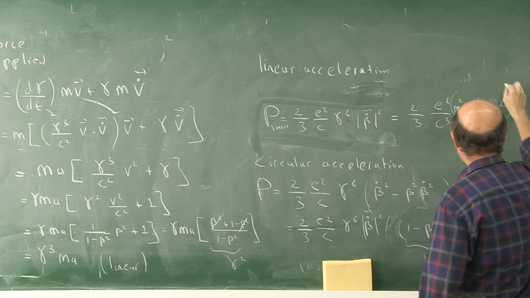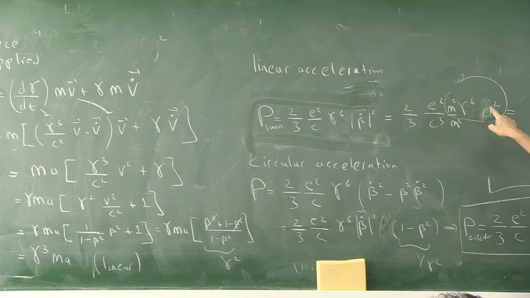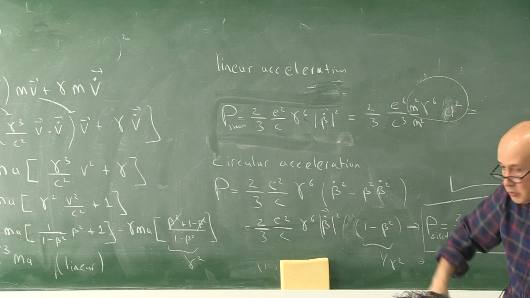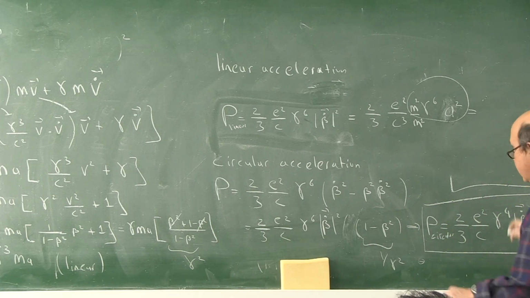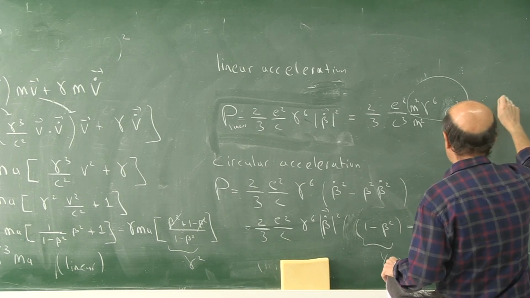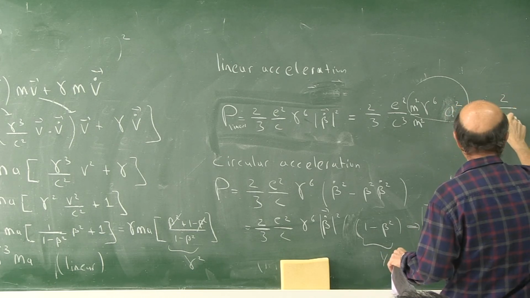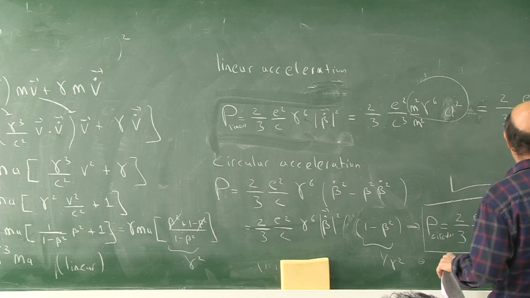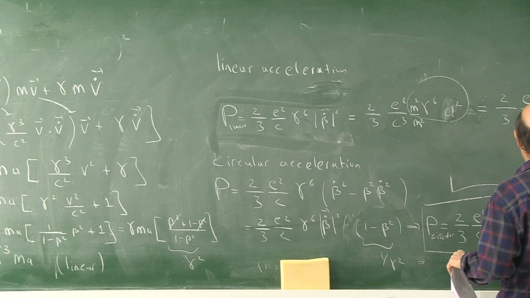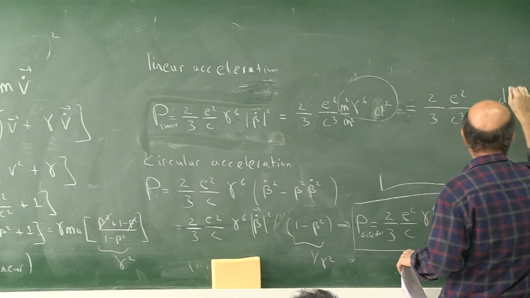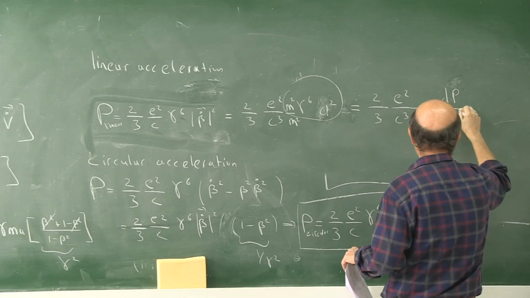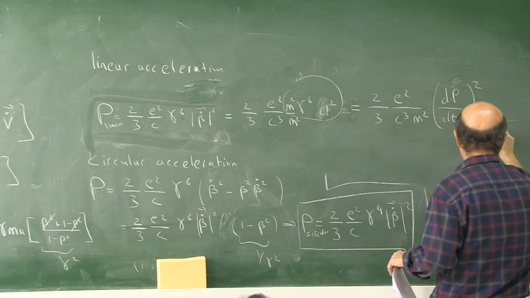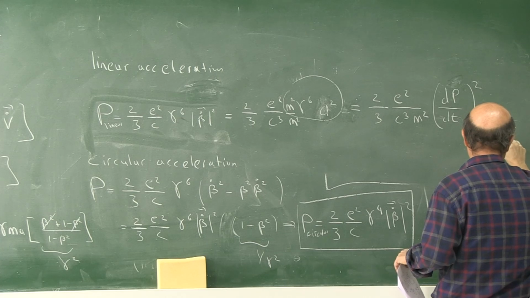This whole term, m squared gamma to the 6 a squared, is equal to the square of dp over dt. Yes. So this term is equal to 2 over 3 e squared over c cubed m squared, dp over dt squared, for linear acceleration.